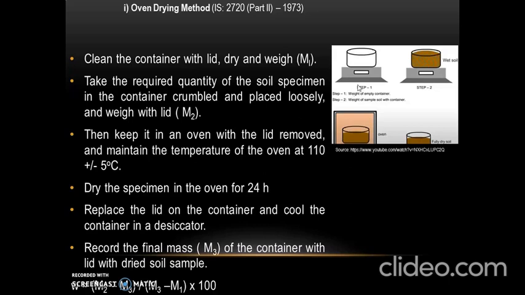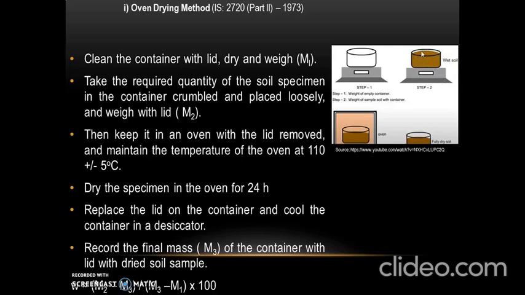Next, take the required quantity of the soil specimen in the container, which would be crumbled and which would be placed loosely also, and now measure the mass of the container along with the soil sample. So the mass noted for the second time will be M2.